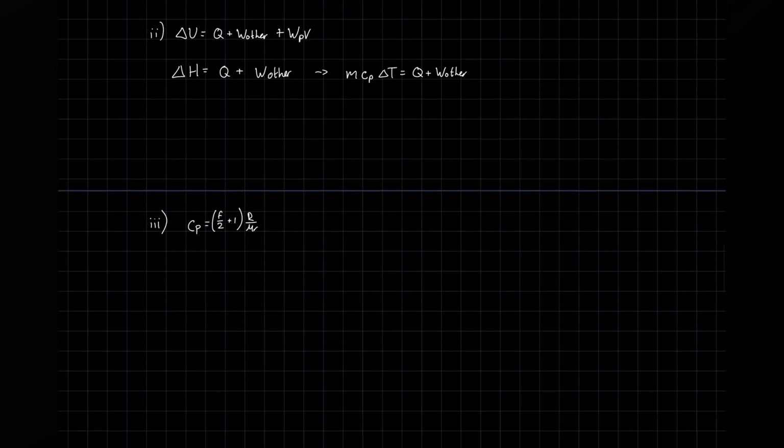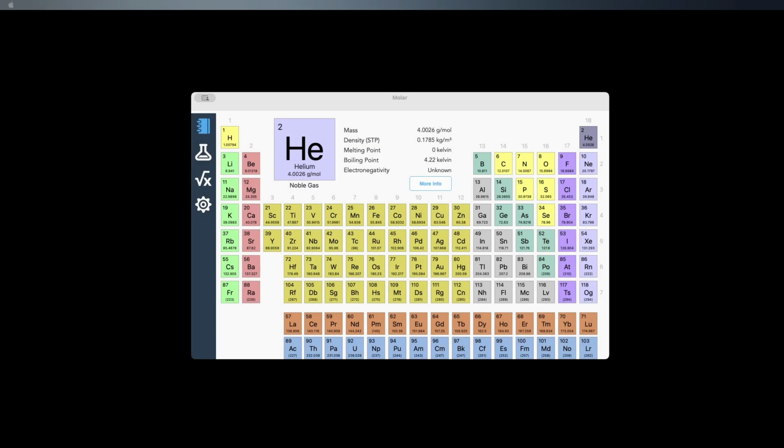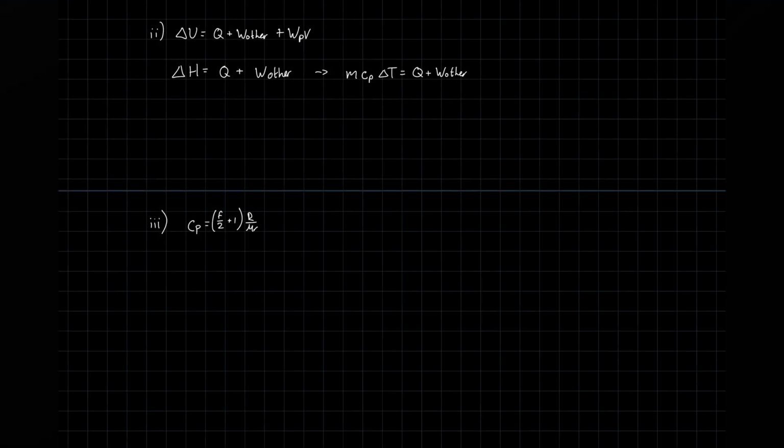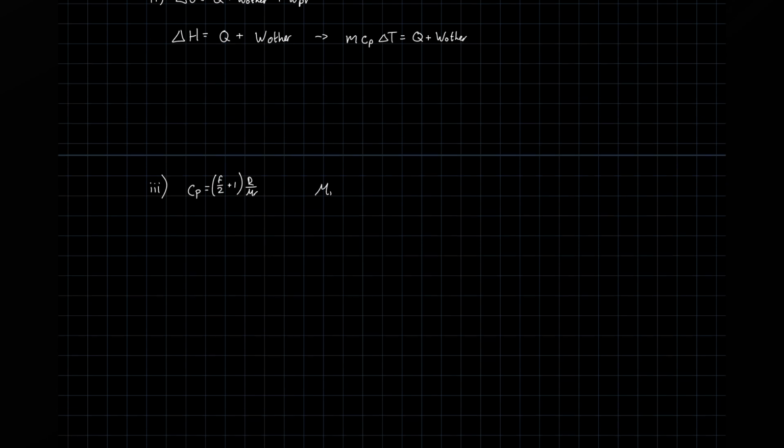So first of all, we need to figure out our molar mass. So let's go back to our periodic table over here. And we are dealing with nitrogen, which is over here. So we can see that it has a molar mass of 14 grams per mole. So let's go back to our notes. And here we are. So M equals 28.1 grams per mole.